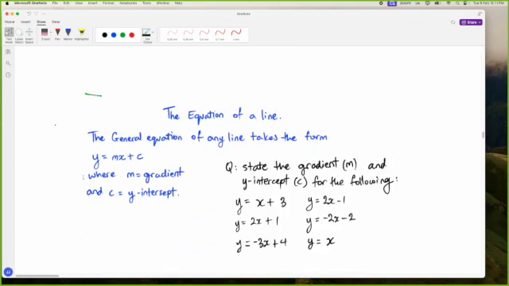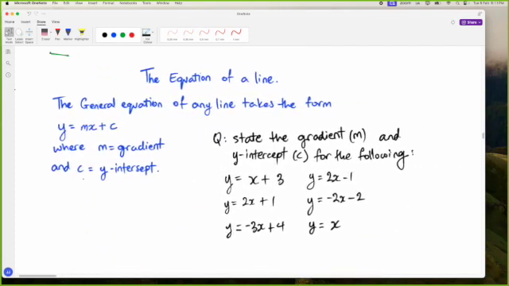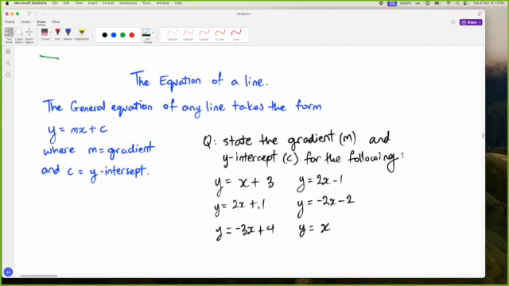All of the lines that we were looking at, you'll notice that they are all very similar. They all have an x value and a y value, and the x and the y value are to the power of 1.